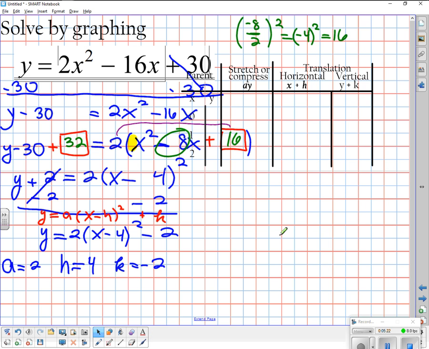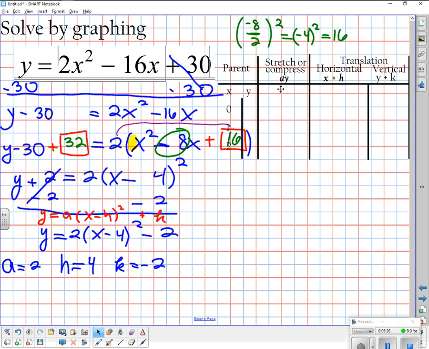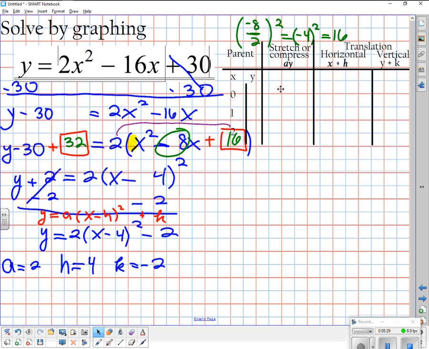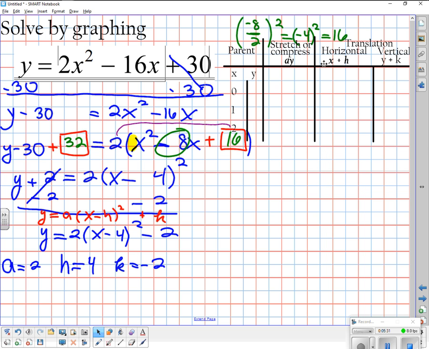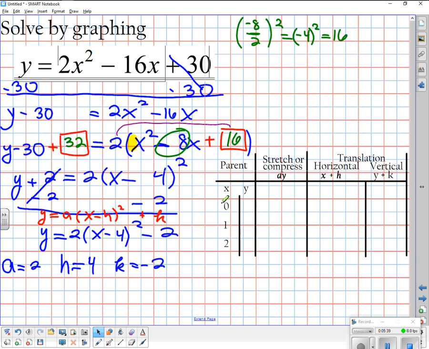So I'm going to do the following. Okay. In here, for x, you can pick any numbers you want. Okay, I'm going to pick 0, 1, and 2.